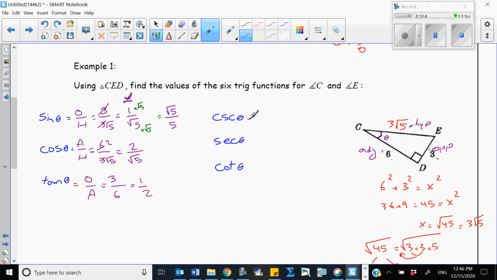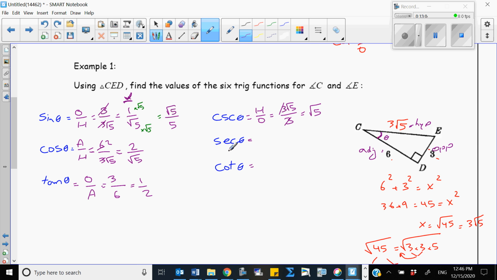Now, how do I find the reciprocals? Cosecant is the reciprocal of sine, so it's hypotenuse over opposite. Hypotenuse is 3 radical 5, and opposite is 3. If I simplify, it will be just radical 5.